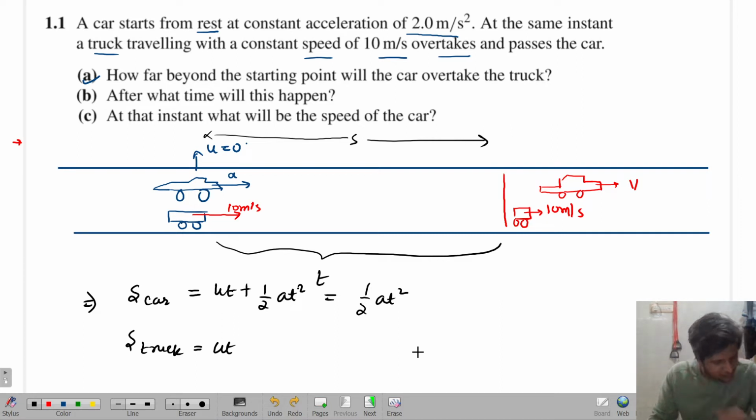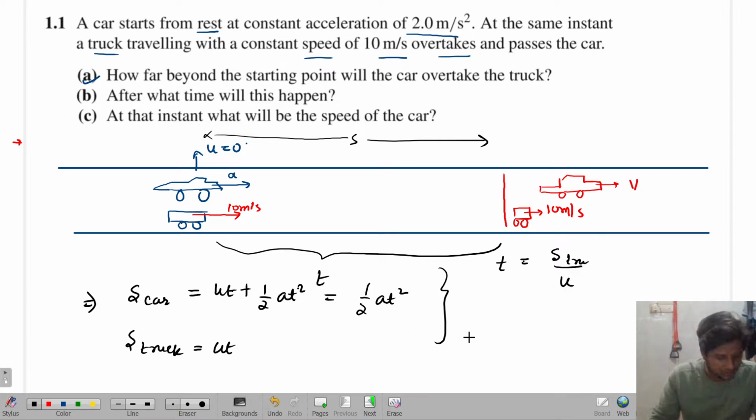Now I can establish one relation here. I can write t as s of the truck divided by u.